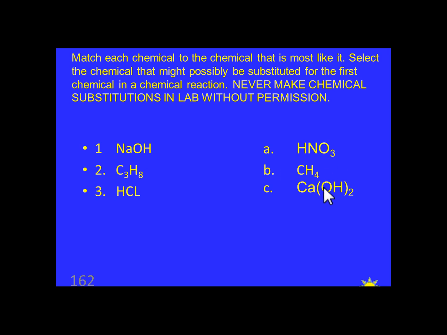So which one of these is also a base? Well, the answer is C, calcium hydroxide. C3H8 is an organic compound, that's propane. And the only other organic compound in here is CH4, methane, so you should have matched that to B. HCl is hydrochloric acid, and you'll match that to HNO3 here, which is nitric acid.